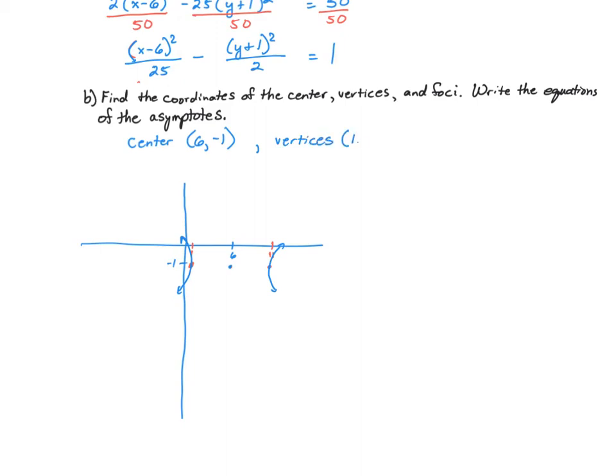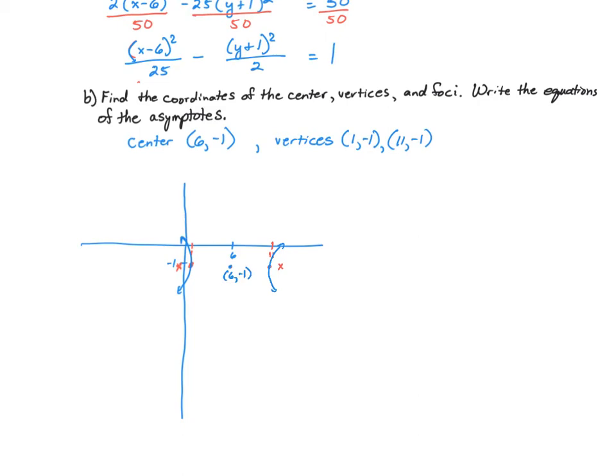They are 1, negative 1, and 11, negative 1. Let's move on. We need to find the foci. One focus is inside this branch of the hyperbola, and one focus will be in this branch. I don't know where they are, but I do know they are c units from center. Here's my center at 6, negative 1.